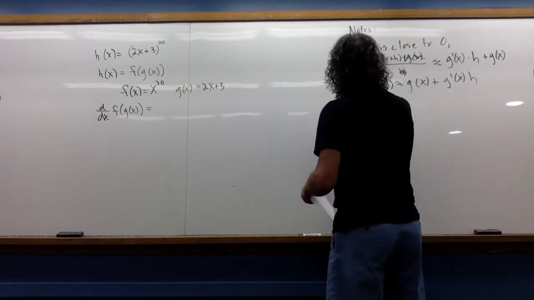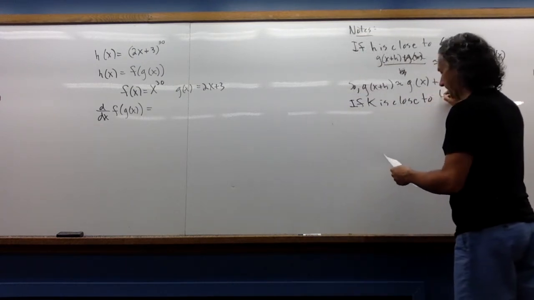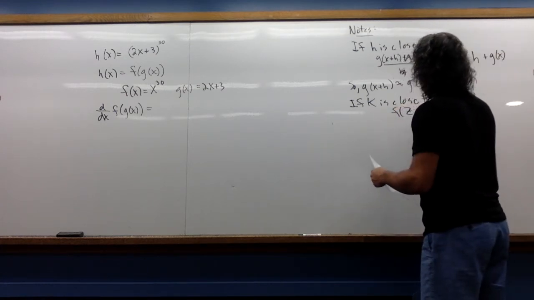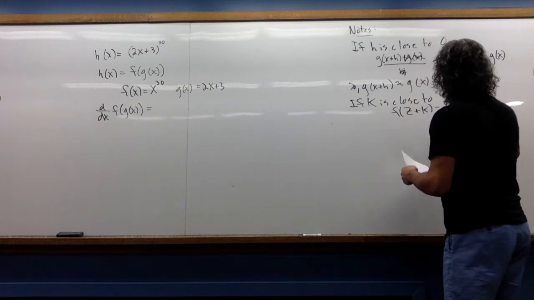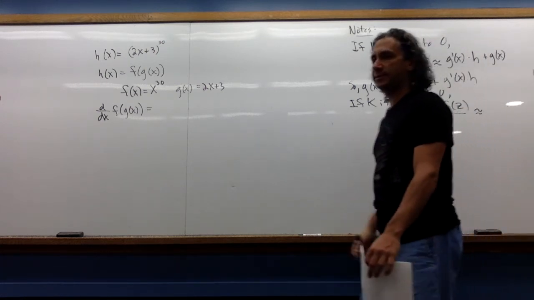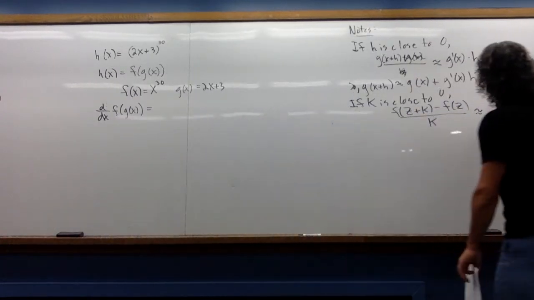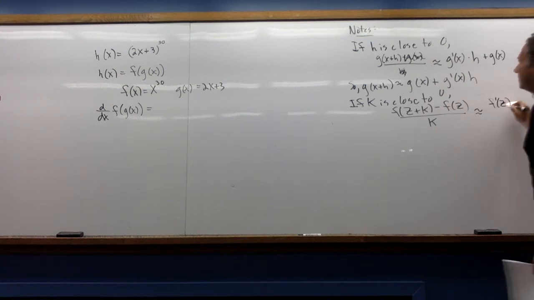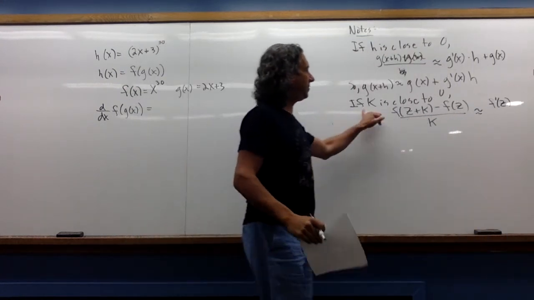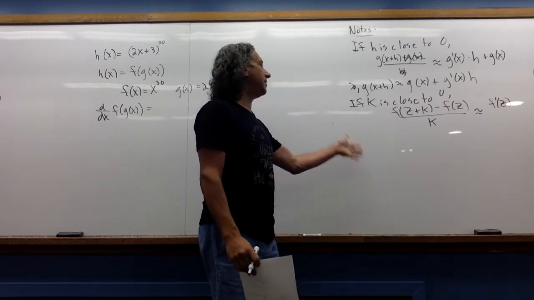We also can say that if k is close to 0, then f of z plus k minus f of z all over k is approximately, well, hopefully you're seeing the game here. This is now approximately f prime of z. So k is taking the place of h. It's just a different variable that I'm using because it'll help me out later.